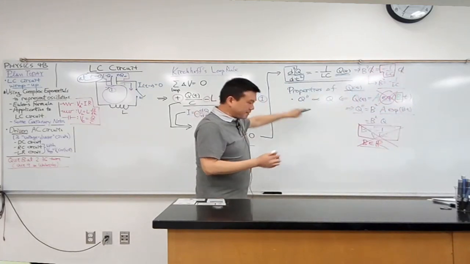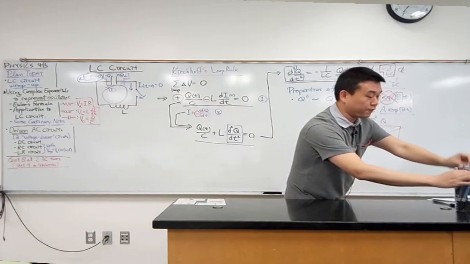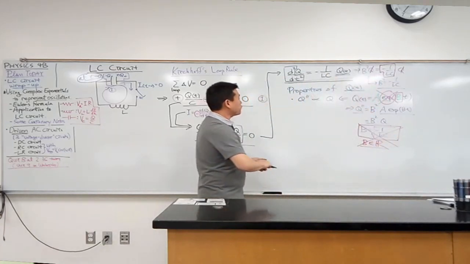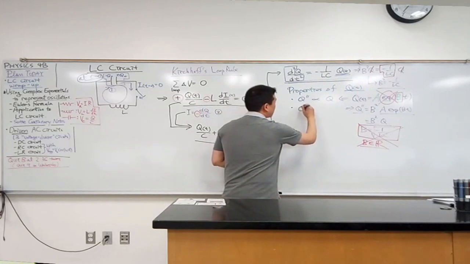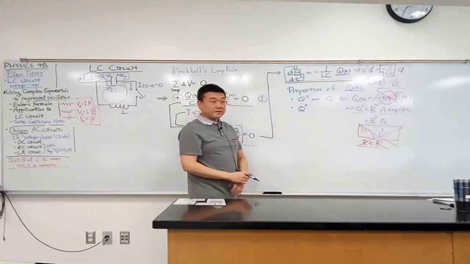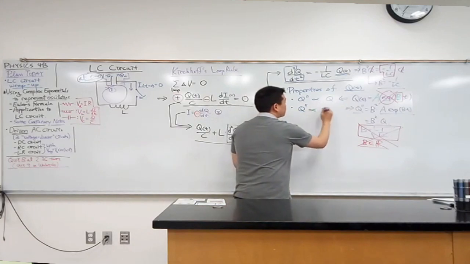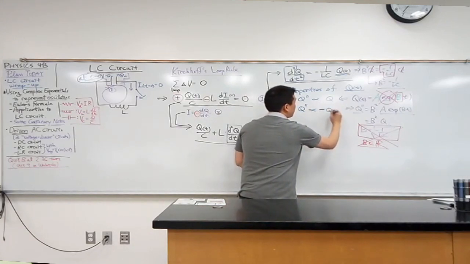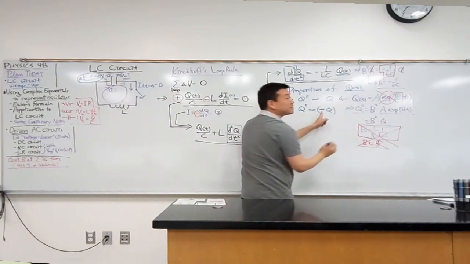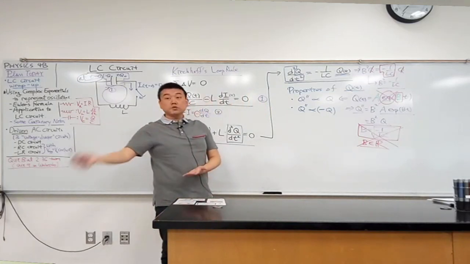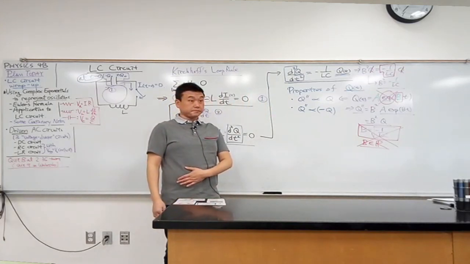So let's write it down as one more property of Q of t that we have to take into account. When you take the double derivative, it's not just proportional to Q. It's actually proportional to minus Q. And this minus sign matters because it limits what forms of solution you can take.